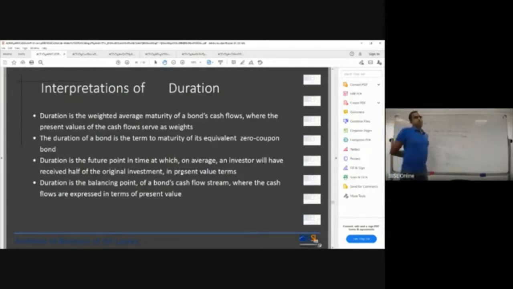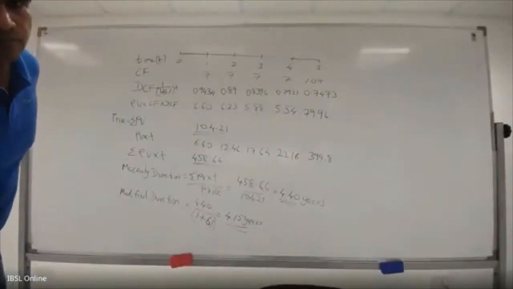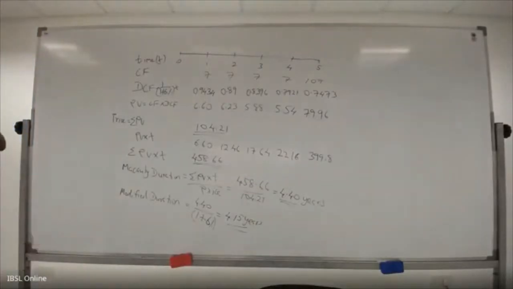If I may ask you a question, based on this example that we just did, what is the maturity of a zero coupon bond which has the same interest rate sensitivity?